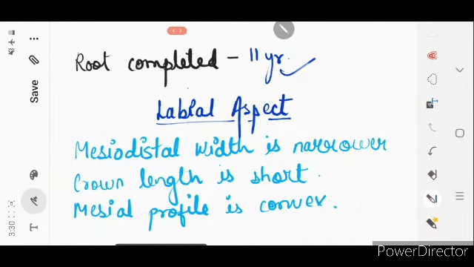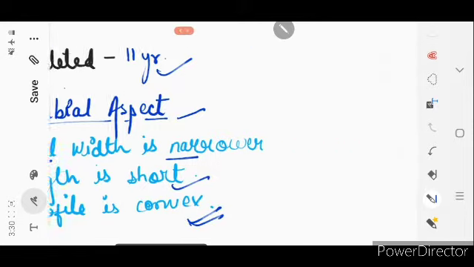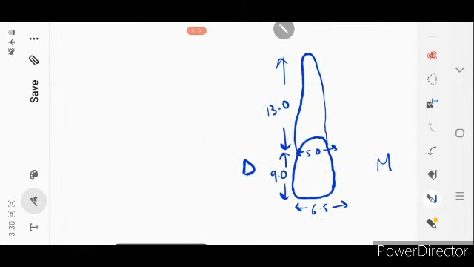So now let's talk about all the aspects of the lateral incisor. First is the labial aspect. Mesiodistal width is narrower and the crown length is short and the mesial profile is convex. In this diagram, you can see this is the mesial profile, which is convex in shape, and the crown length is short in comparison to the root. And here you can see the distal profile is the apex of the root.